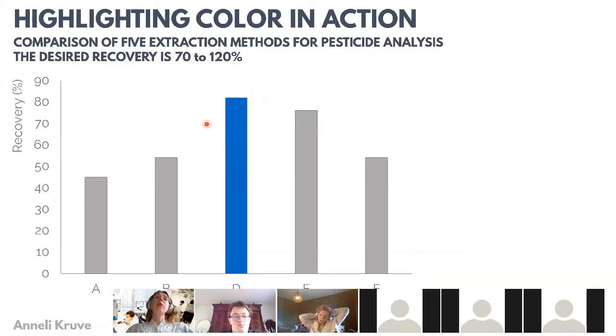The highlighter color can here be used to highlight the method that performed the best, that had a problem, something that you want to highlight. You can do the reasoning with your vocal expressions when you're presenting, but the color you can use to actually draw the attention to this is the bar that you should focus on.